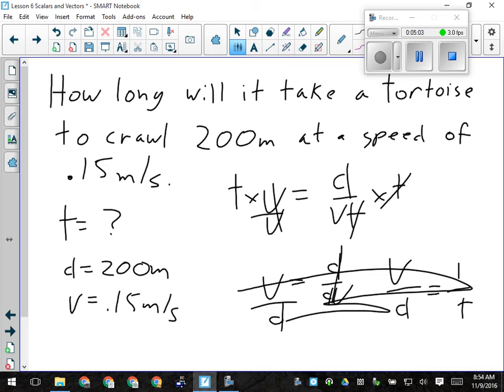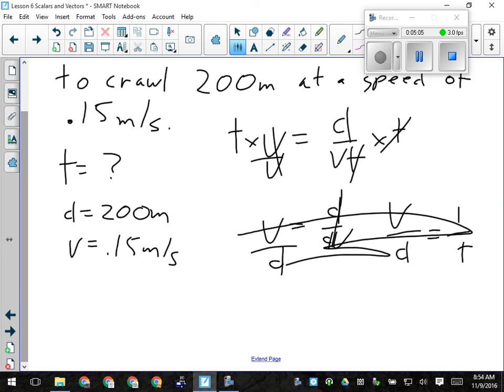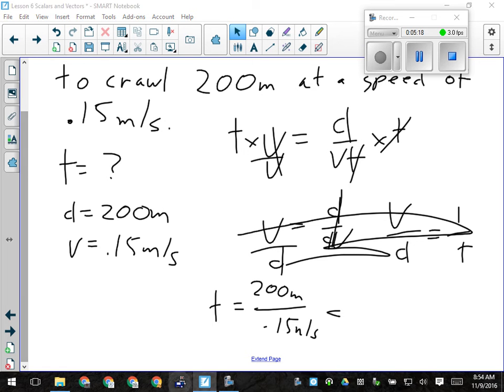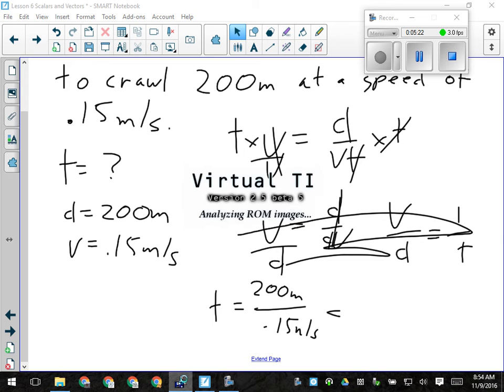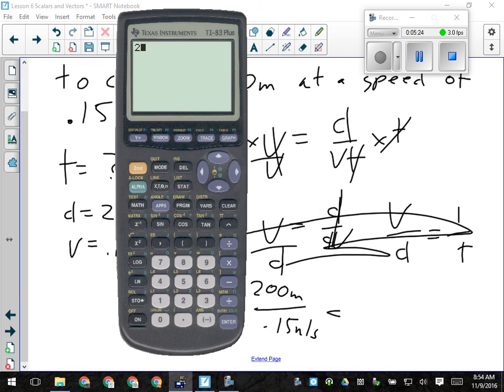All right. So now that we've got our formula, we're going to plug in our numbers. Time equals distance over speed. So that'll be our 200 meters divided by 0.15 meters per second. It's going to take quite a while. So 200 divided by 0.15.